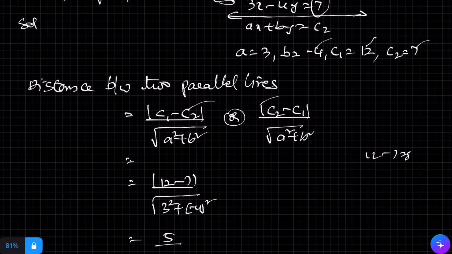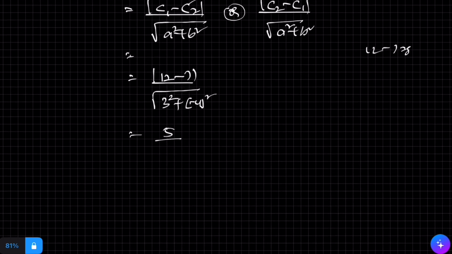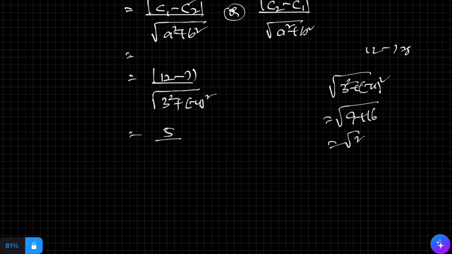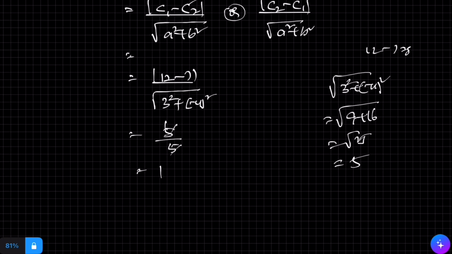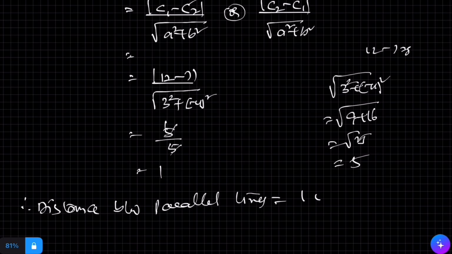So we'll get 5 divided by root of 3 square plus minus 4 square, which is nothing but root of 9 plus 16, root of 25, equal to 5. So we'll get 5 in the denominator. So 5 ones and 5 ones. So 1. So therefore the distance between the parallel lines equal to 1 unit.